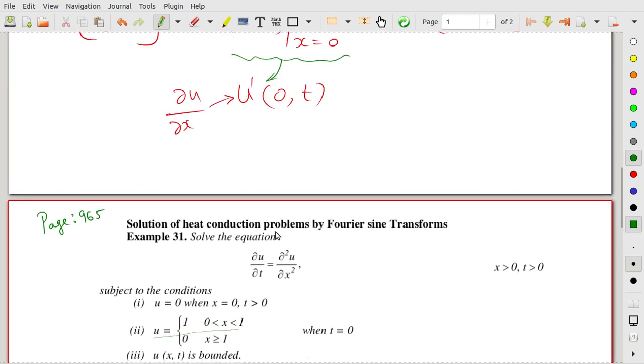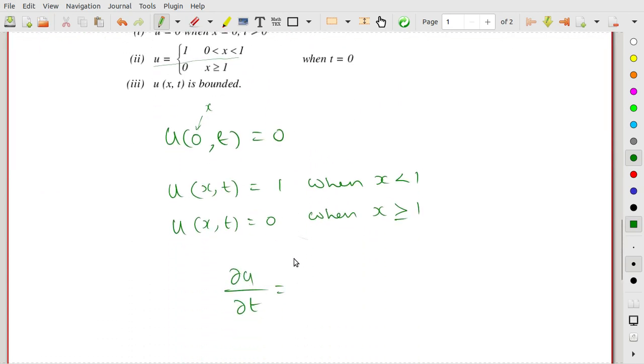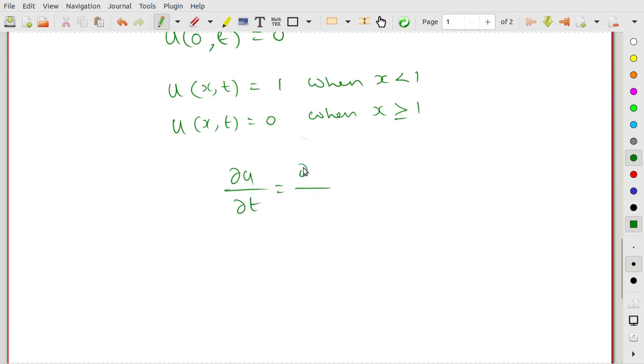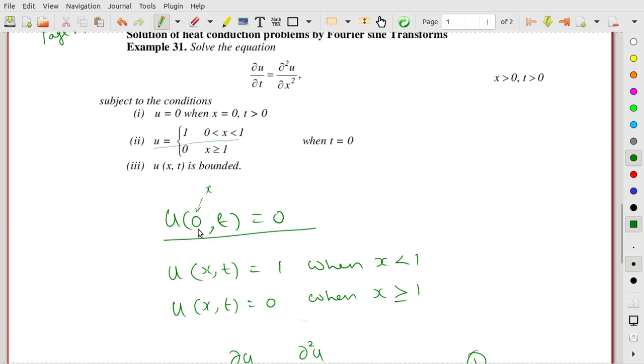The given equation is dou u by dou t equal to dou square u by dou x square. Let me number this equation. Here they have given u of 0 comma t.